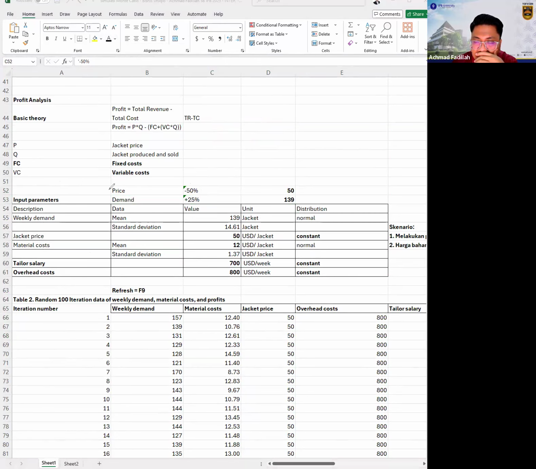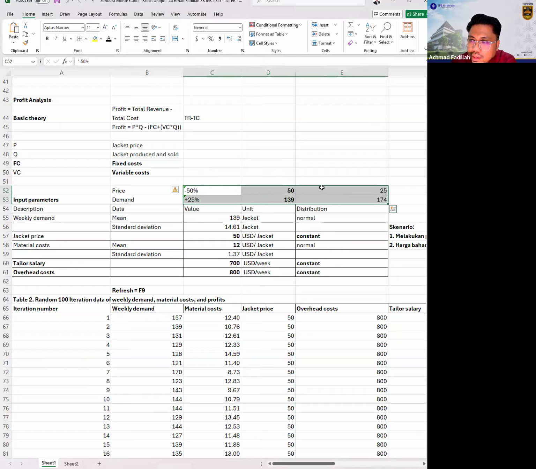First, Uniqlo has a promotion to cut the price next week, with a discount of 50% of the price. Previously it was 50, right? And they expect that if they reduce the price, this will increase the demand.